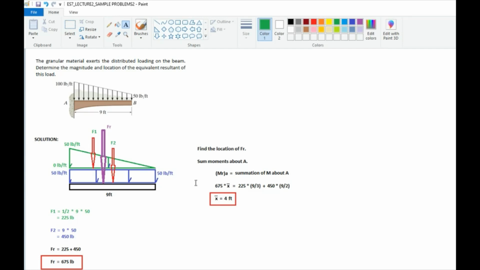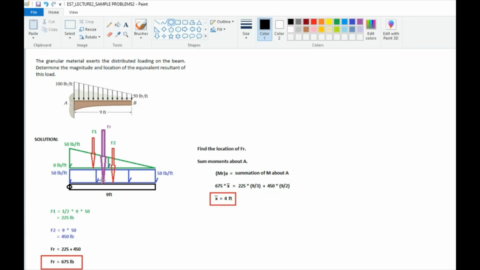Okay? So, to find the location of FR, we are to sum moments about A. Let's say this is A. Ayun na nga. Ito si A. This point here. Kunwari yan na si A. Now, yung resultant natin na 675, that would act at a point na X bar from A. Okay?